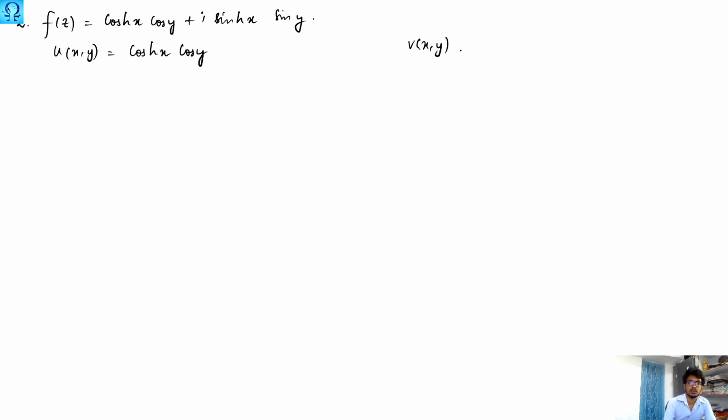Okay, so the next example, f of z is hyperbolic cos x cos y plus iota times hyperbolic sin x sin y. If you write this as a componentized function, u of xy is hyperbolic cos x cos y and v of xy is hyperbolic sin x sin y.